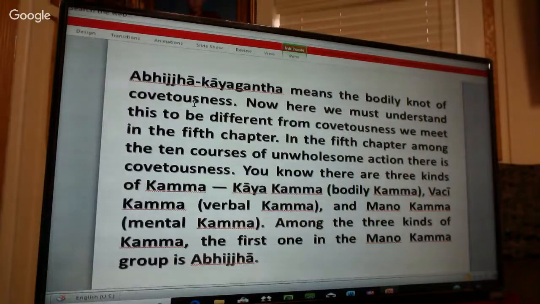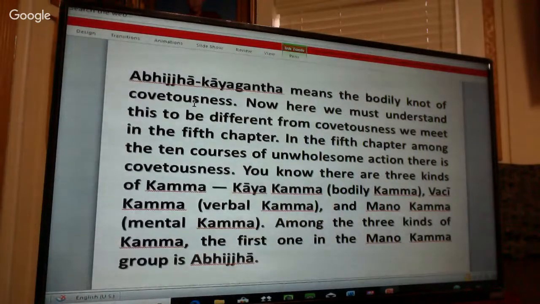Three are bodily action, Kaya Kamma, four are verbal action, Vaci Kamma, and three are mental action, Mano Kamma. So we explained it in that way, and abhijjha is one of the Mano Kamma.